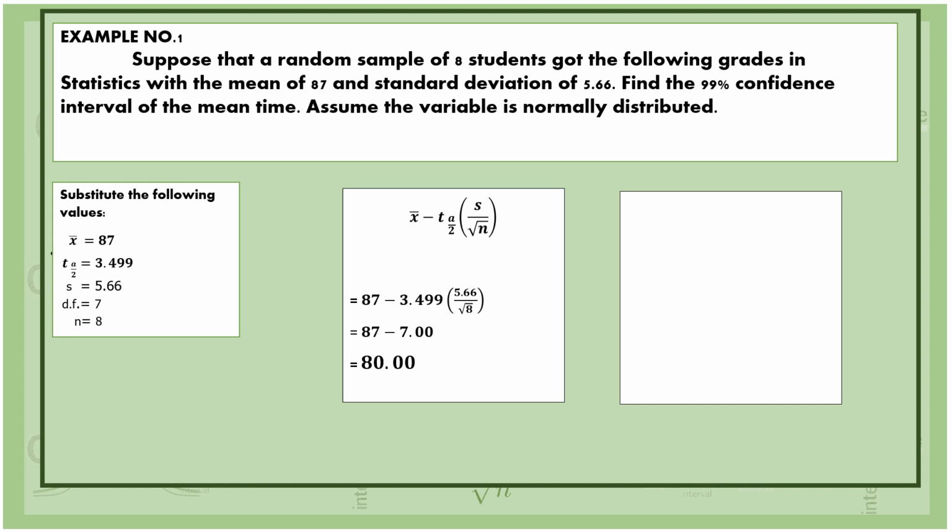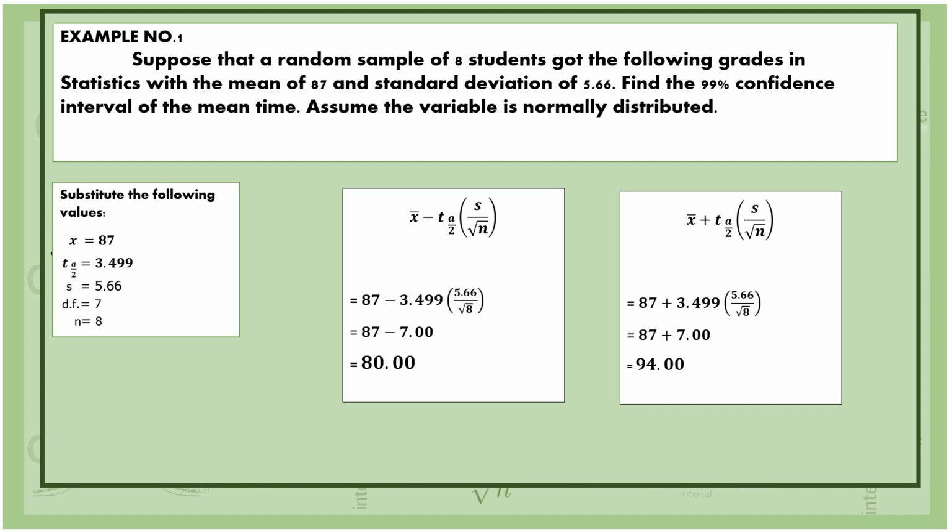We have the form of x bar plus t sub alpha over 2 multiplied by s over square root of n. So again, by GEMDAS rule, we have the value of 94. Okay?